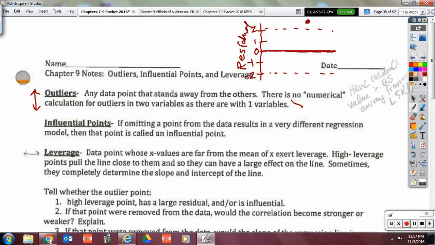So if it is more than 2 standard deviations of the residuals, remember we just practiced looking at what those standard deviations of the residuals are.